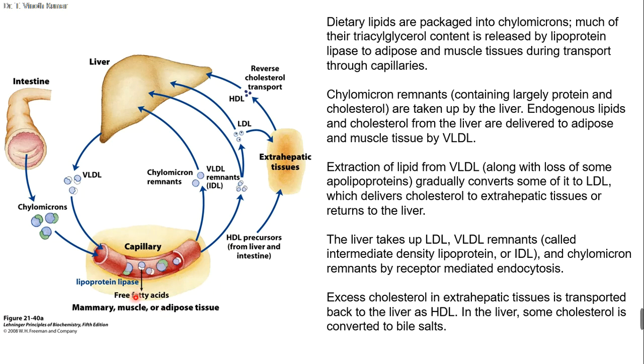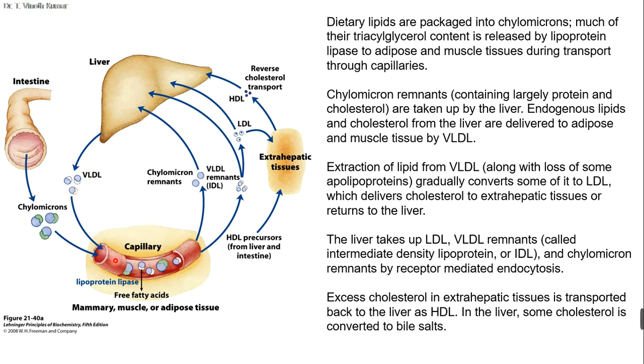After the liberation of free fatty acids, this is converted into chylomicron remnants and VLDL. This will go directly to the liver, and the liver will coat additional apolipoproteins and liberate VLDL.